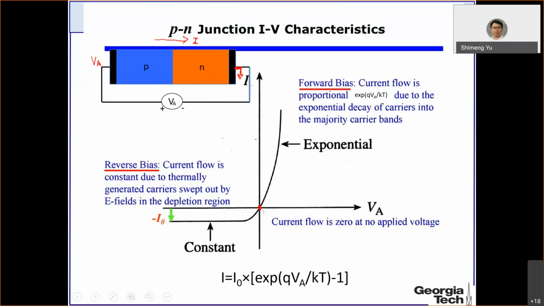This is the equilibrium state. Then the forward bias means the voltage is going to be positive. And in forward bias, the current will increase exponentially with the voltage. To the negative side, we call it reverse bias.